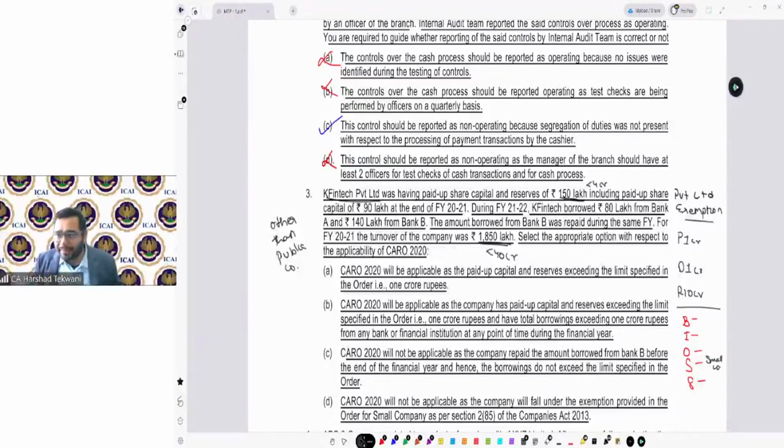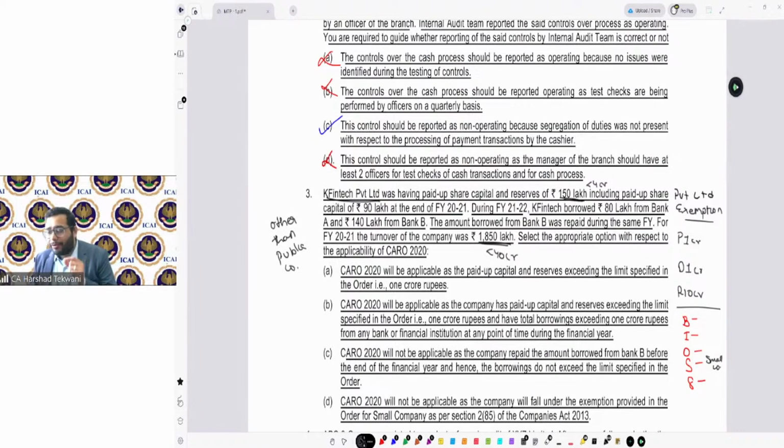It has the small company exemption, not the private limited exemption. Although the paid up share capital and the debt exceed the limits of the private limited exemption, the company will still enjoy the small company exemption from CARO.